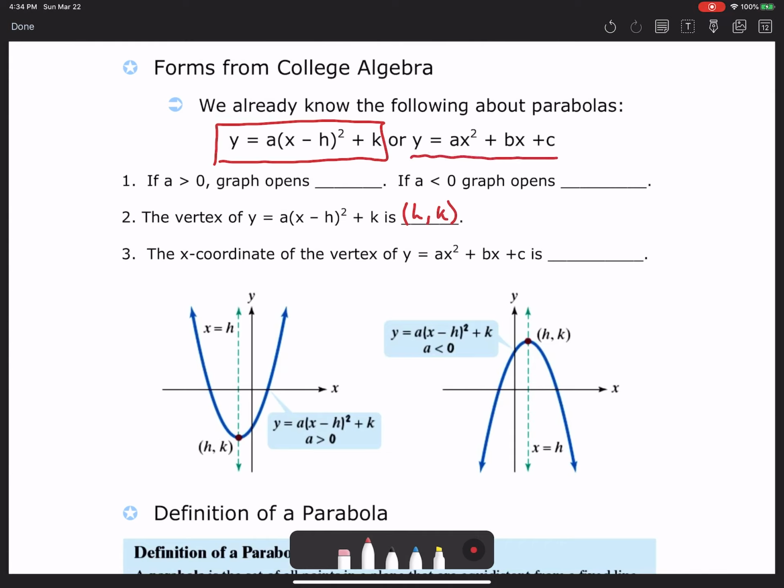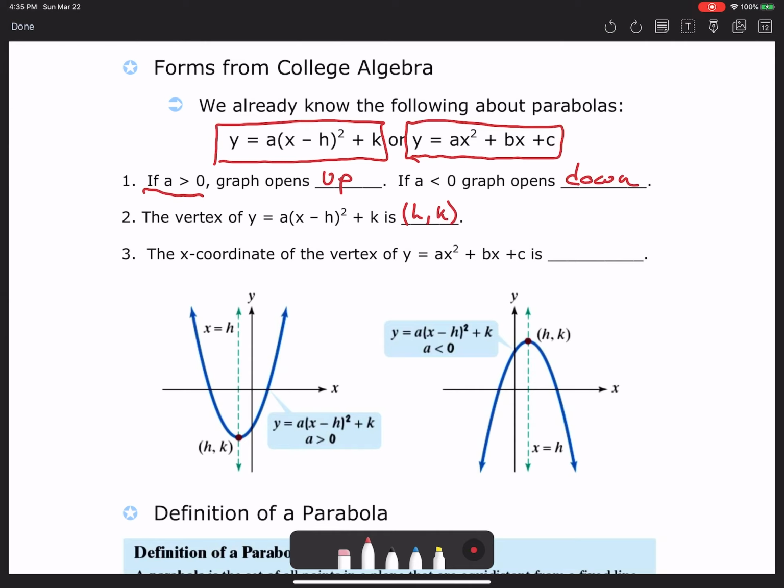Or this form, which looks like a quadratic equation to me, and it is. When we graph quadratic equations, they show up as parabolas. If the a value, that leading coefficient, is greater than 0, our parabola is going to open up like this one, and if our a value is less than 0, it's going to open concave down like that one.